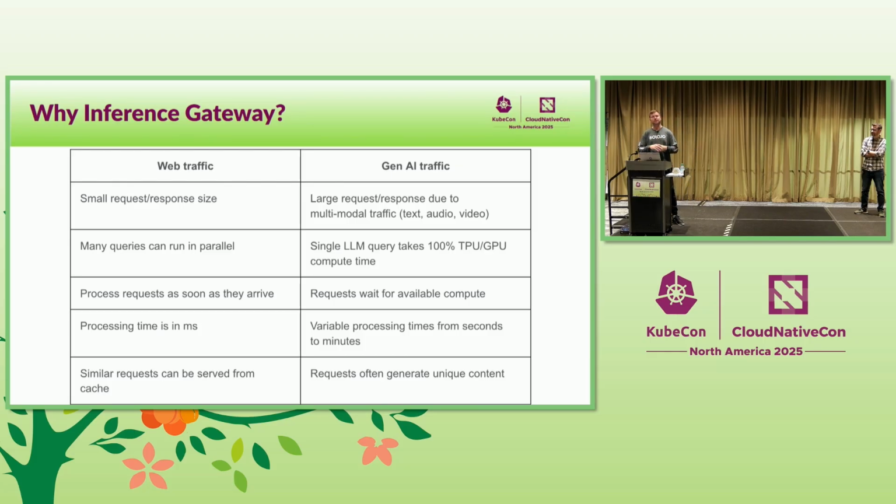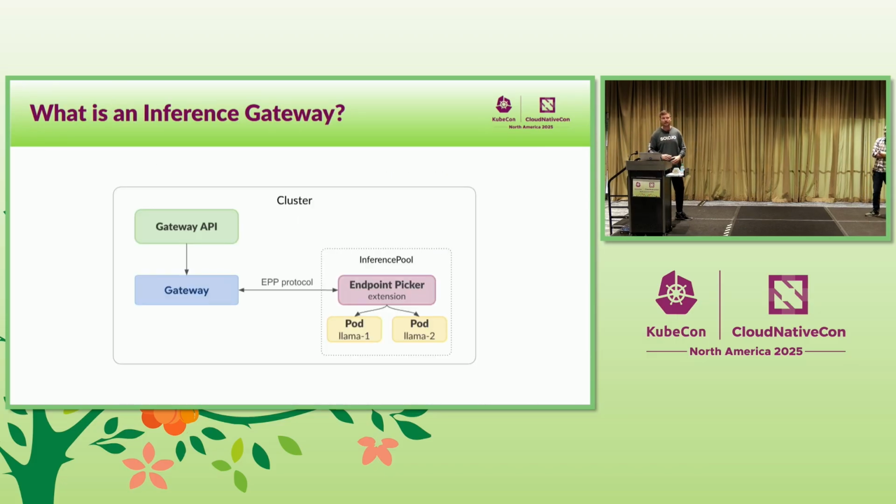With web requests, they're small. We're measuring them in a matter of milliseconds. We could run them in parallel. And with Gen AI traffic, very different traffic type, right? We're typically dealing with much larger requests, especially when we're talking about multimodal models or multi-turn chat traffic. And so because we have a different type of traffic, we need a different type of solution. And that brings us to inference gateways.